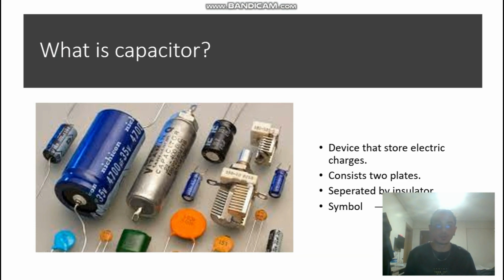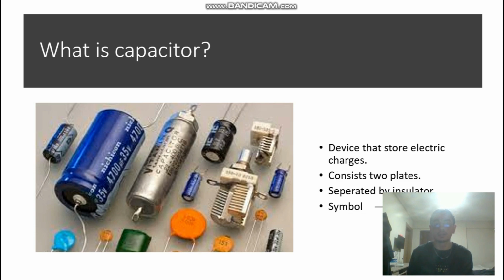What is a capacitor? A capacitor is a device that is used to store charge in electrical circuits, and it works on the principle that the capacitance of the conductor increases significantly when an insulator material is brought near it.